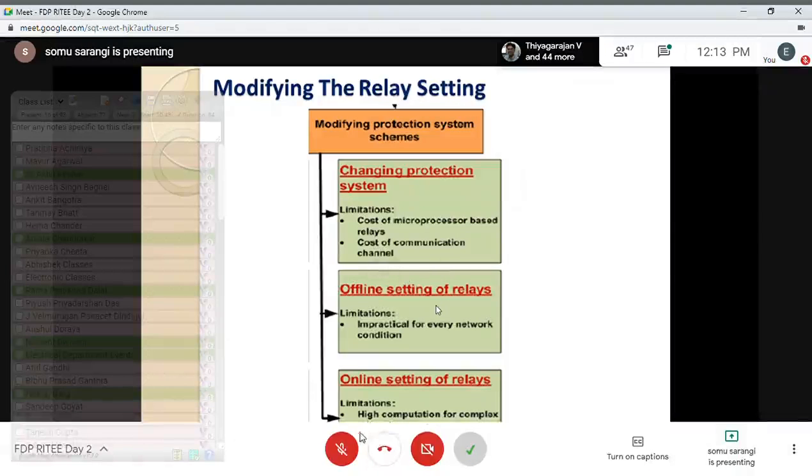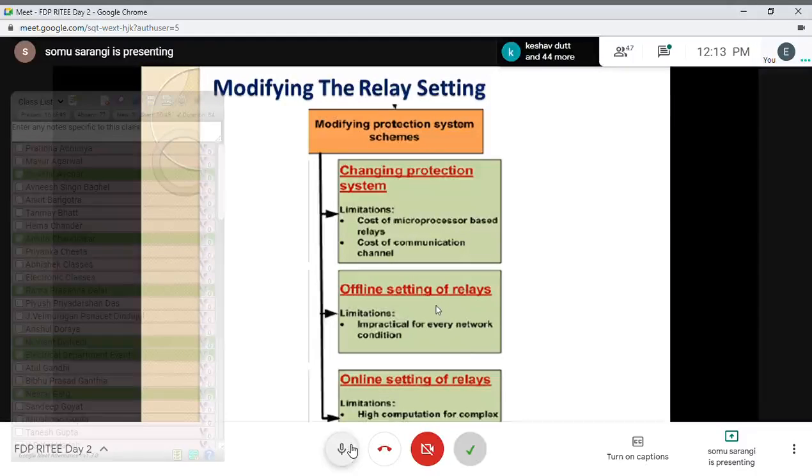But online setting of this relay requires high computation, which will be very difficult for a complex network, and a communication system is required. Normally the communication system fails in our day-to-day life. If the communication system fails, then online setting is also not possible.